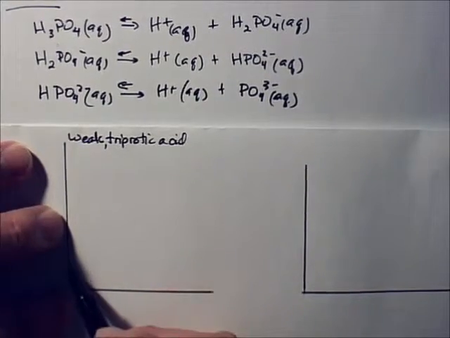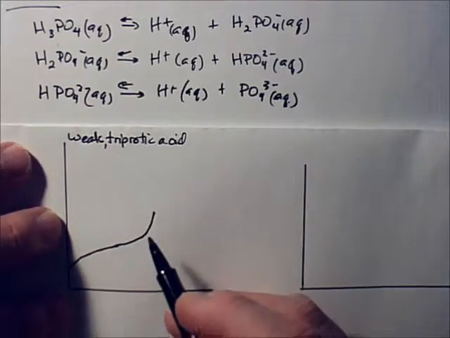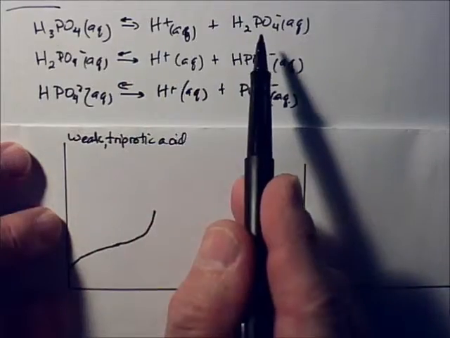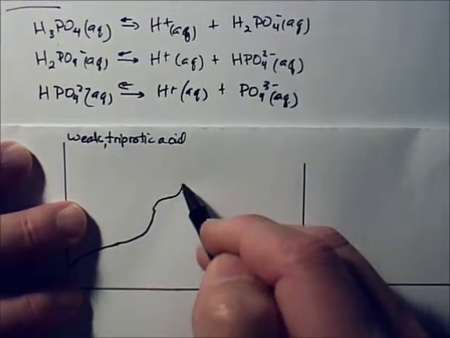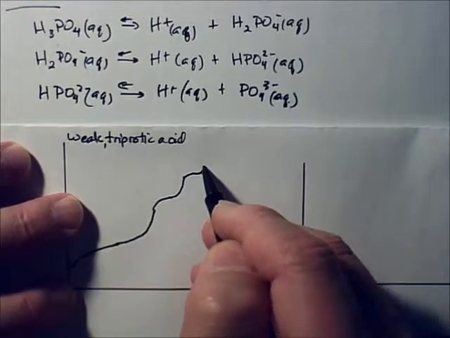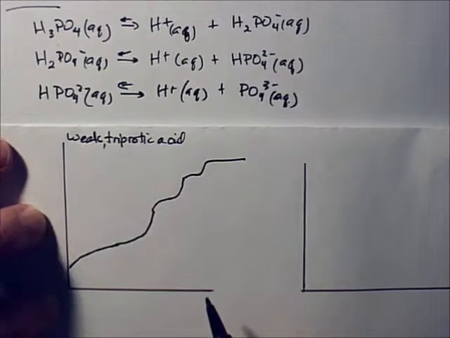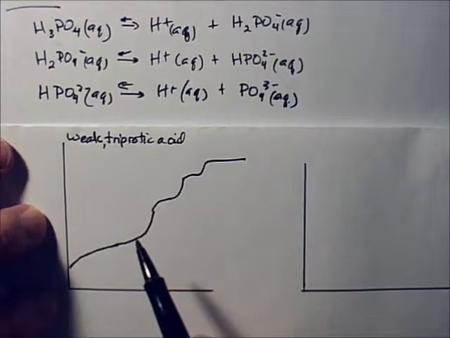They don't start at 0. They don't start at 0, they do this. Okay? And then there's your first hydrogen coming off. That's this equation right here. And you got the little plateau. Then you got a second hydrogen coming off, so there's another cliff face. And then the third hydrogen comes off up here. Okay? Does that make sense? 1, 2, 3 hydrogens coming off.